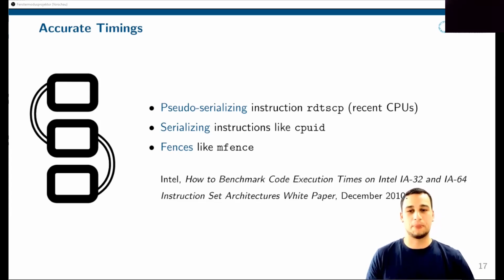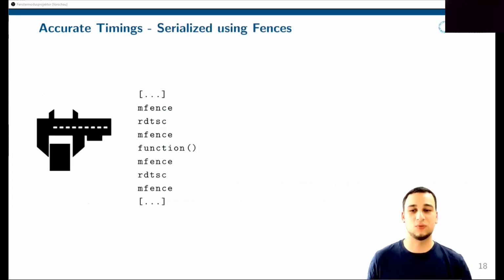Yes, so of course we don't want to read this entire white paper now. That's why we are here in this tutorial. And that's why one of the variants that's kind of lightweight and that turned out to work quite well is simply adding M fences before and after the measurement. That might be too much overhead, but at least it works reliably on basically all the systems.